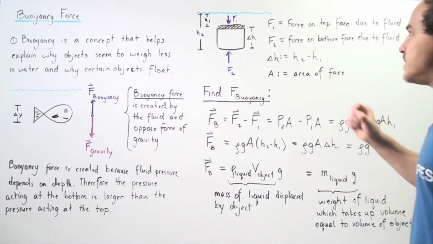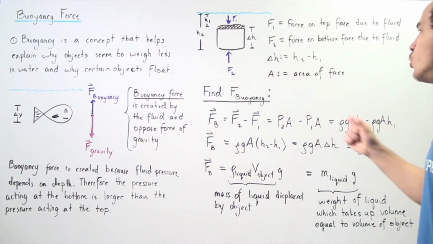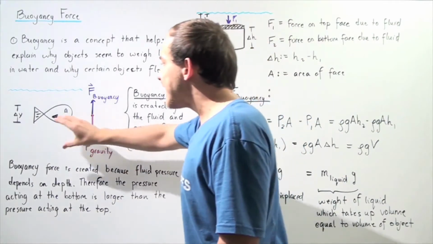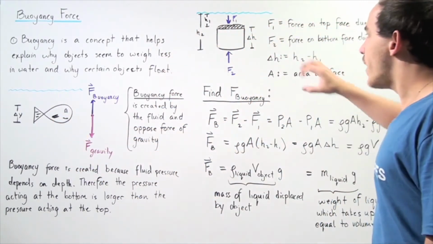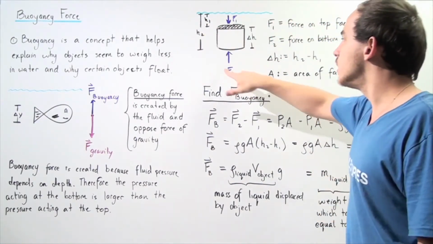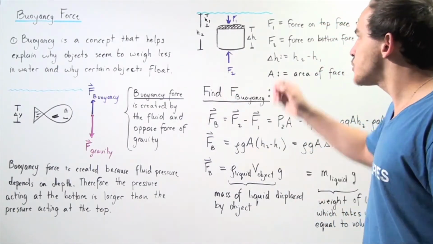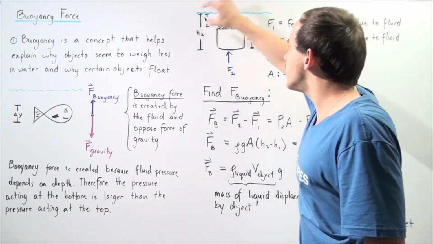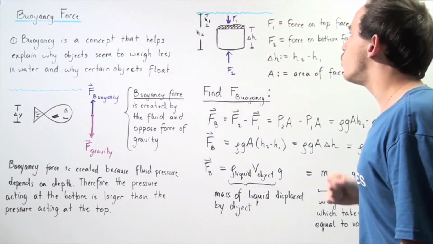The difference between these two values, h2 minus h1, is given by change in h. The pressure at the bottom of the cylinder creates a force, let's call that force 2 due to pressure 2. And the pressure on top of our object, which is created by the fluid on top, creates a force, let's call that force number 1.